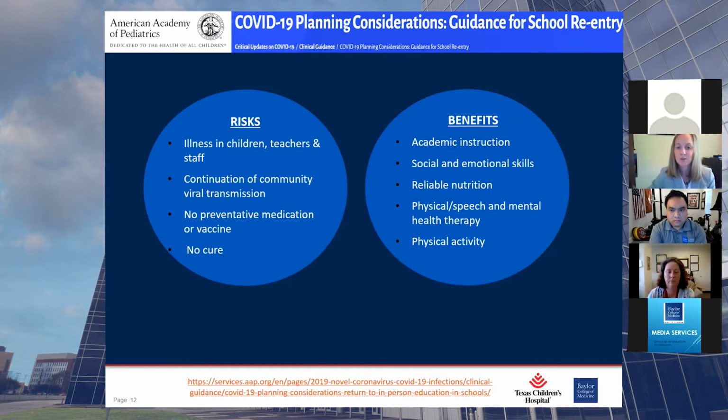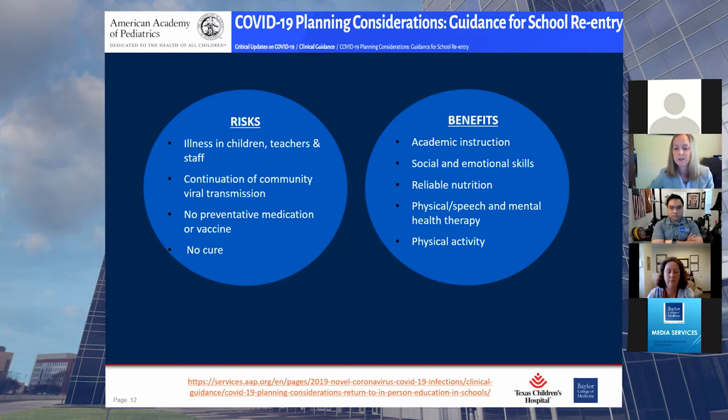However, there are several benefits that we're all well aware of, particularly the importance of academic instruction, but going beyond that, going beyond identifying individuals who need more instruction, who need more assistance that needs to be provided in person, there's also social and emotional skills that are developed during school.